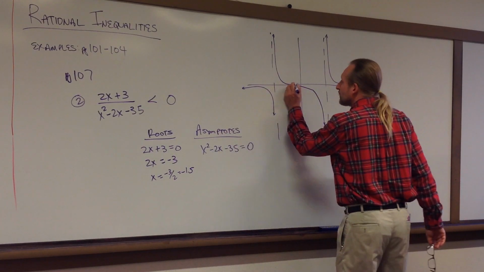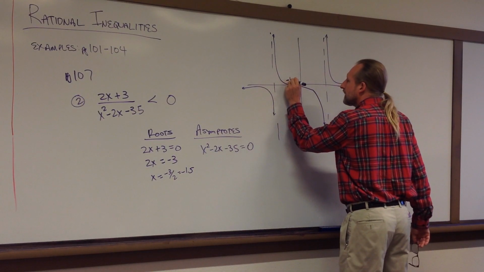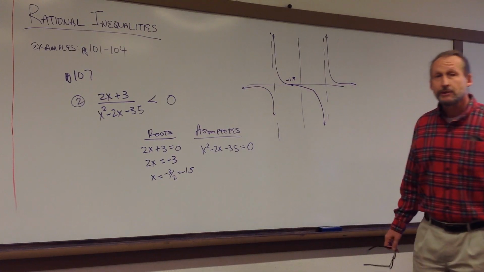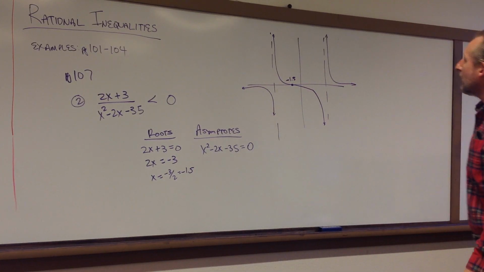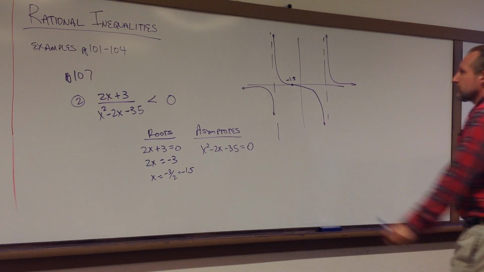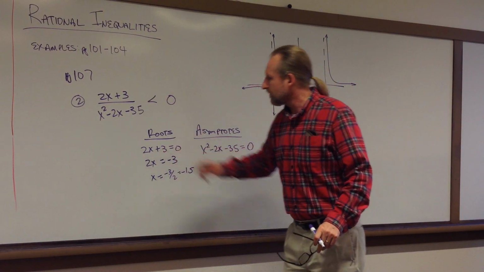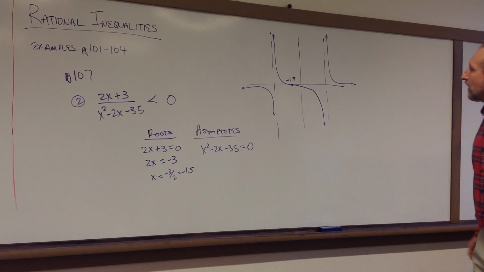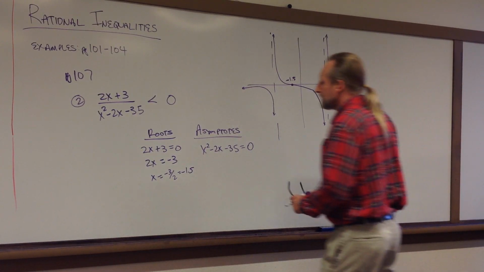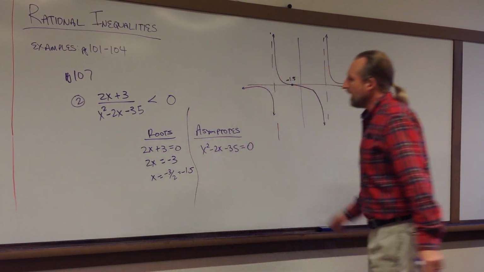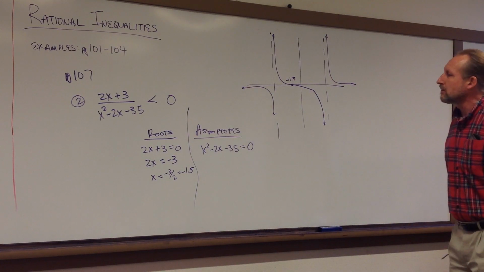And you can also use that root finder on the calculator, right, that we were using for the polynomial graphs. You can use that to go in and find this point, but this one is easy enough just to solve for ourselves.